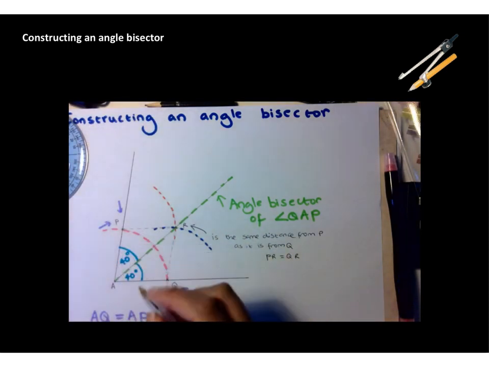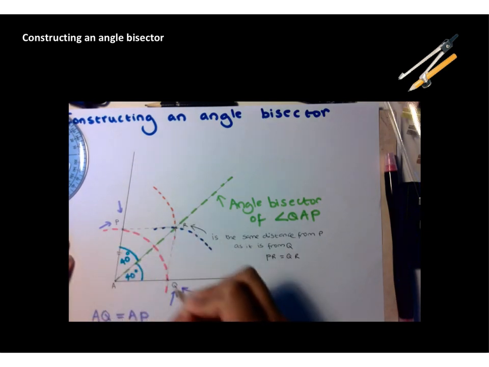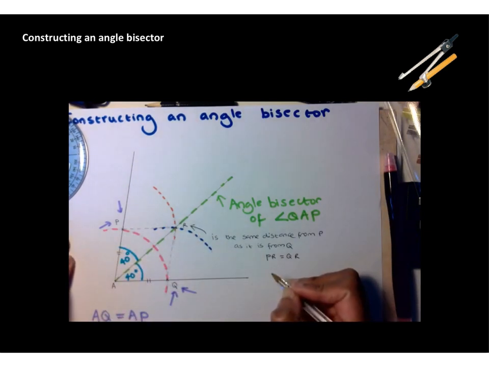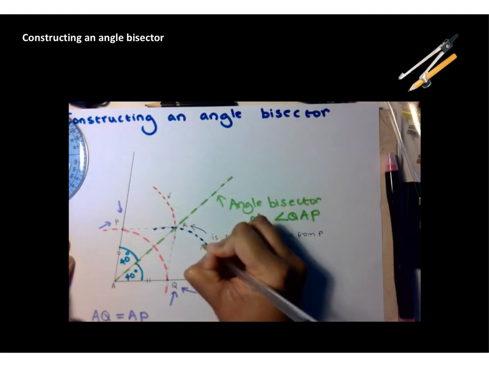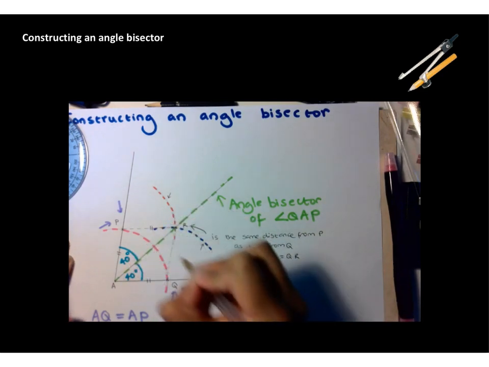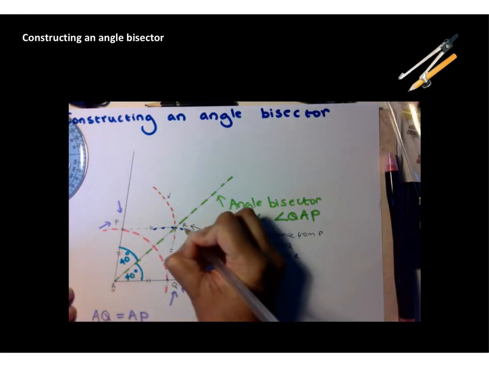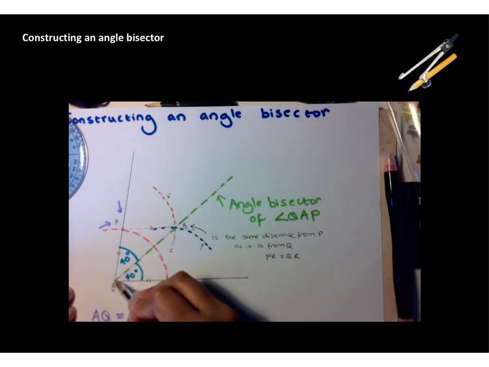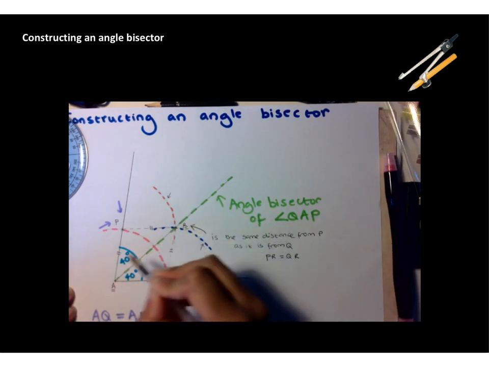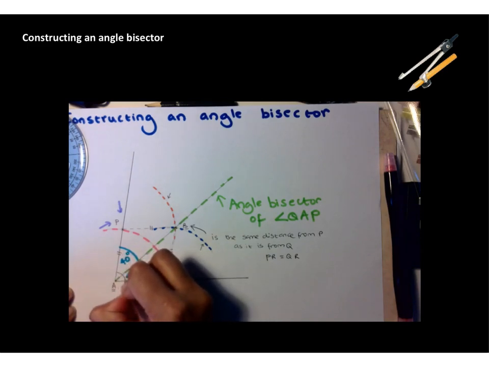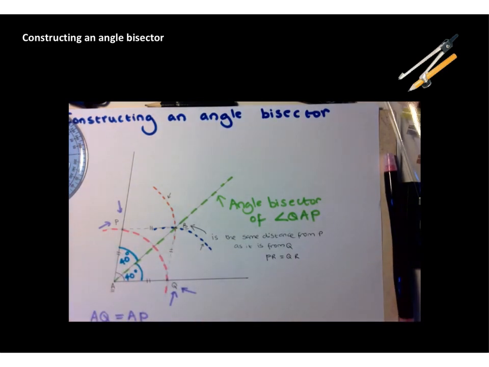We know the distance between A and P is the same as the distance between A and Q, and because we didn't change the compasses when we drew this arc here and this arc here, then this distance here is the same as this distance here. And as a result, when we join up point A and point R, we're drawing a diagonal from one point of a rhombus to another point of a rhombus, which splits this angle here into two equal halves. So that's another way of thinking about why an angle bisection actually works, using accurate construction.